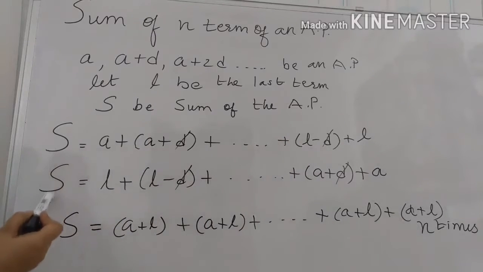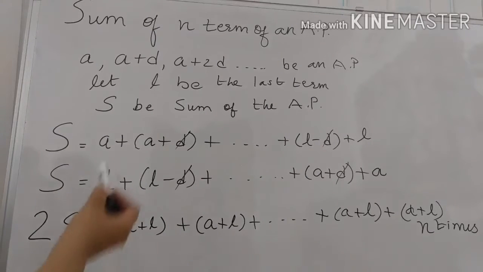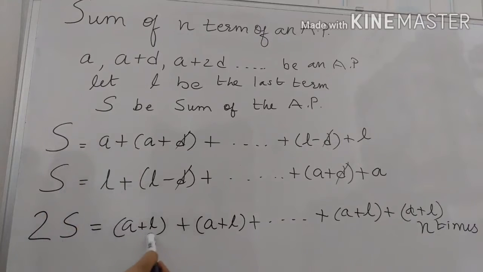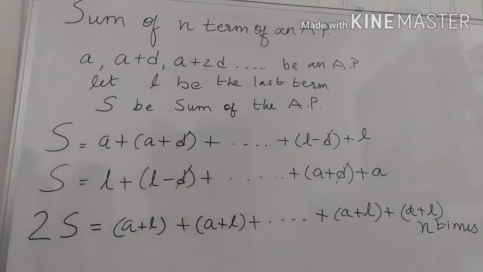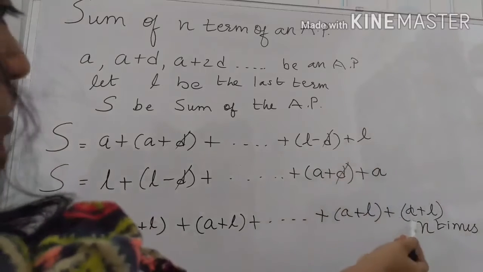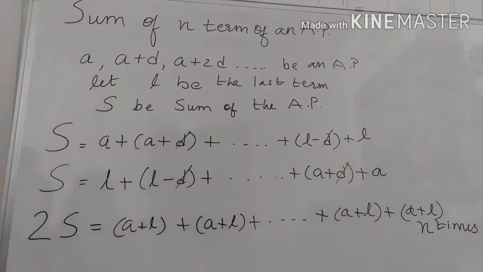So S plus S is 2S, equal to, on the right hand side, a plus L; plus d minus d cancelled. So a plus L, plus and so on; from the second last term, minus d plus d cancelled. So we have a plus L, and the last term also a plus L. So how many times this a plus L? n times.